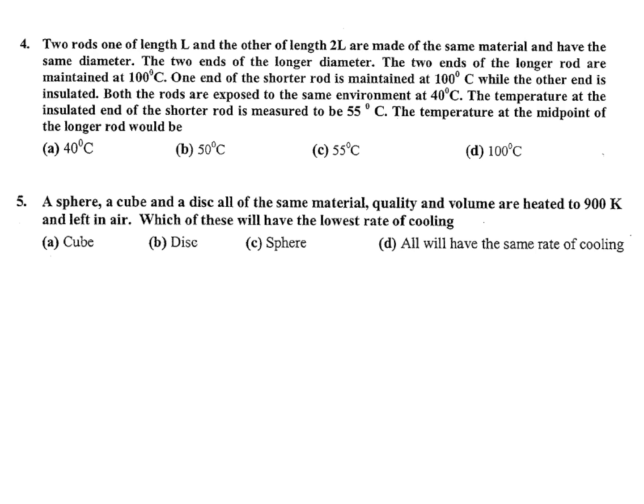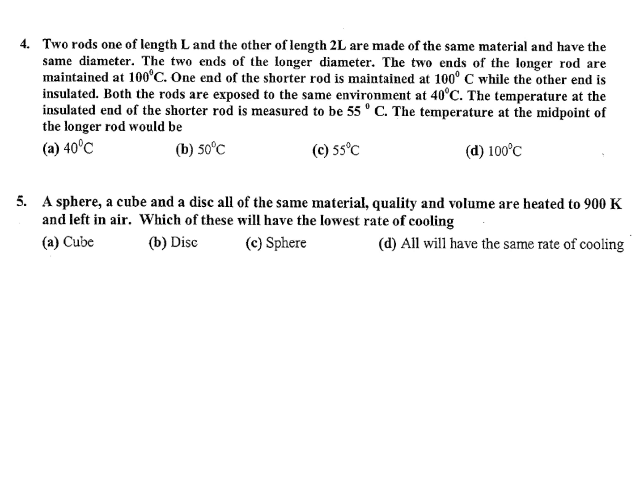Both the rods are exposed to the same environment at 40 degrees Celsius. The temperature at the insulated end of the shorter rod is 55 degrees Celsius. The temperature at the midpoint of the longer rod will be?